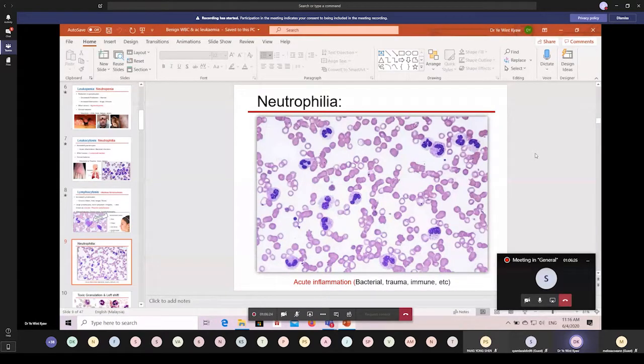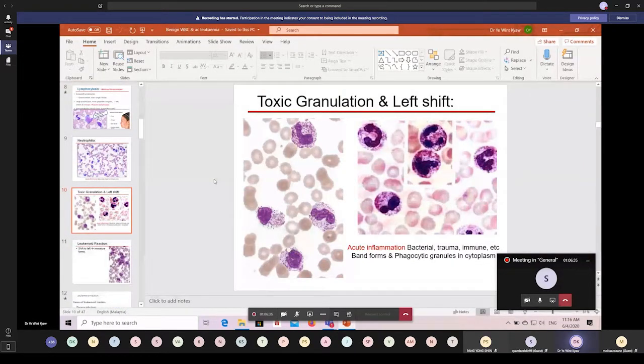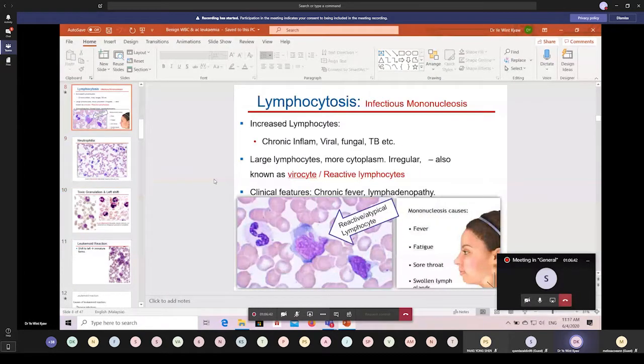Otherwise, in neutrophilia you can see a lot of neutrophils in the blood film, with toxic granulation and left shift. Left shift, you should know here.